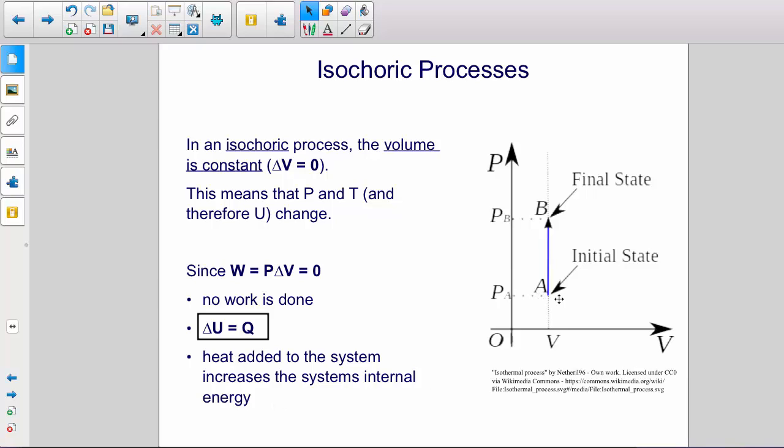So what we see here, a classic isochoric process, is a vertical line. The volume is held steady as the pressure increases. As the pressure increases, you can imagine different isothermal lines and that you're moving from one to another, from A to B. So temperature increasing as well.